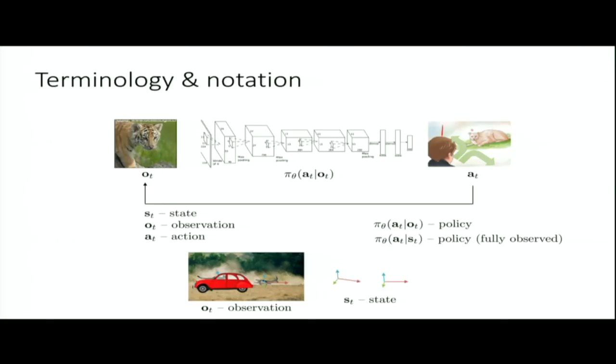And in particular, the observation may not always be sufficient to fully infer the state. So if there's this big automobile right in front of the cheetah and I can't tell where it is, I might not be able to figure out the full state, so I have to act on partial information, but the state is still there. So the state fully encapsulates everything I need to know about the world, but everything I need to know about the world may not be directly inferable from a single observation.